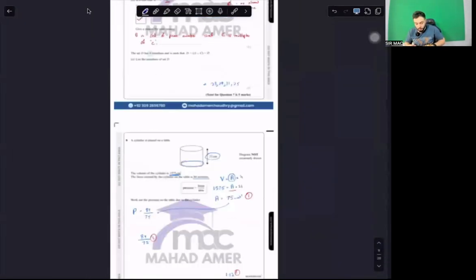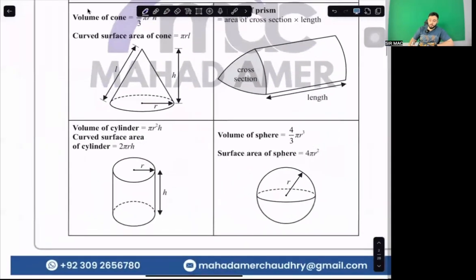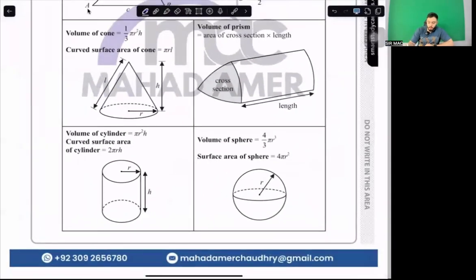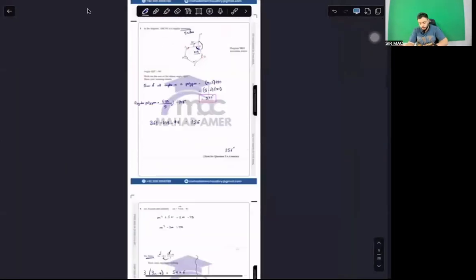These two formulas are given at the top of the exam paper. The volume of a sphere is given, so for the hemisphere you just divide it by 2, so four over six pi r cubed. Yeah, I first wrote pi r cubed for the cone, I just wrote that wrong.